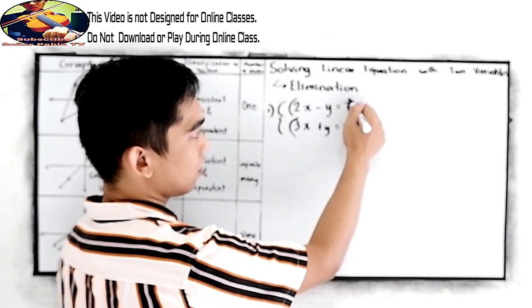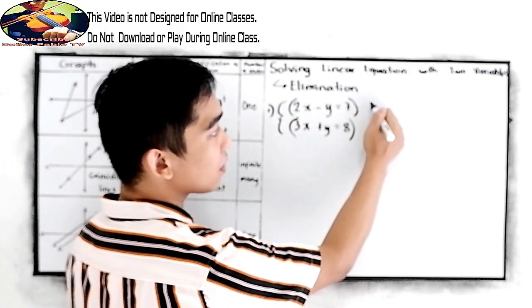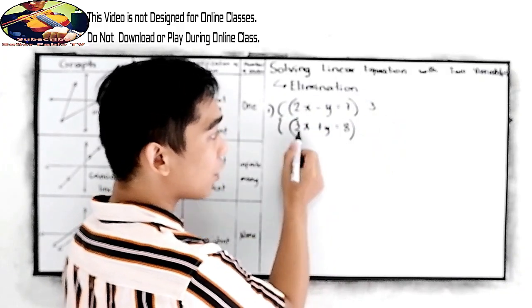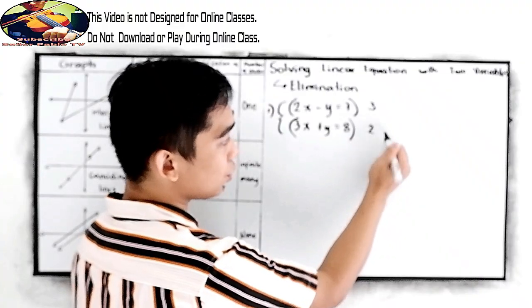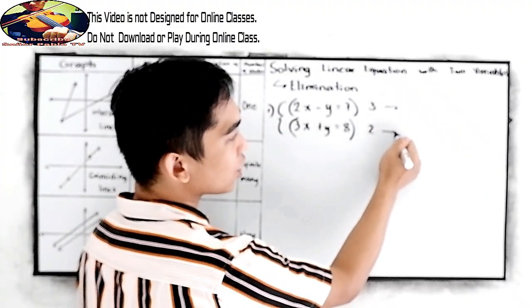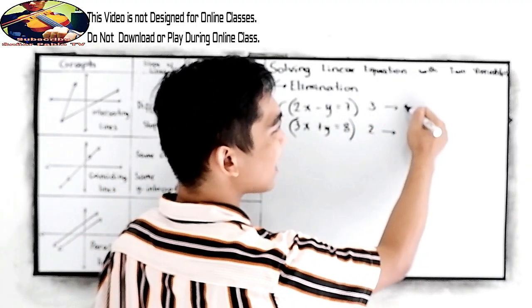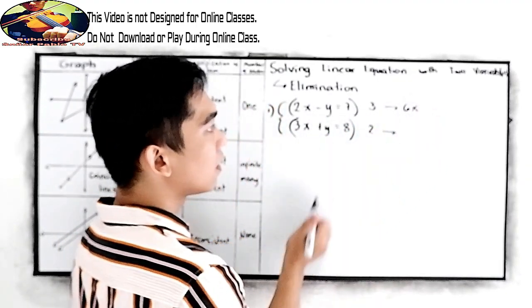Okay. So we need to multiply our equation 1 by 3, and our equation 2 by 2. So that the equation will be 2x times 3, that is 6x.